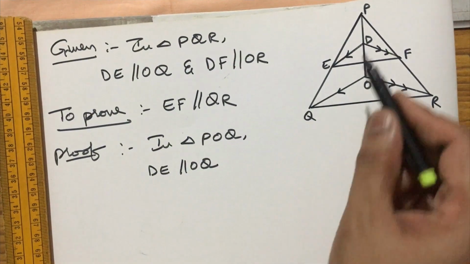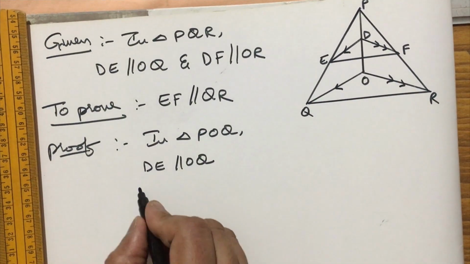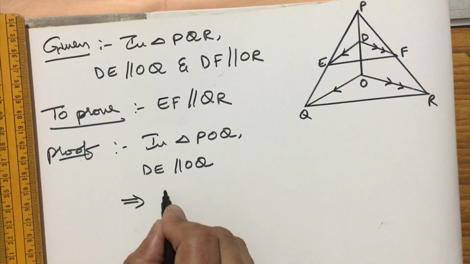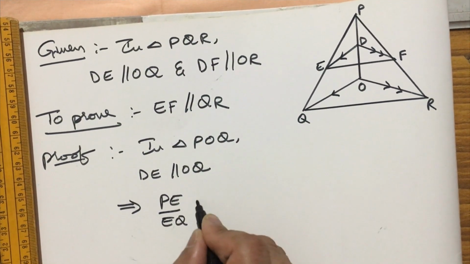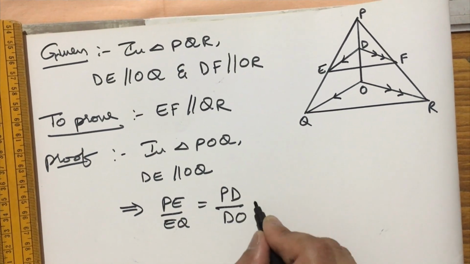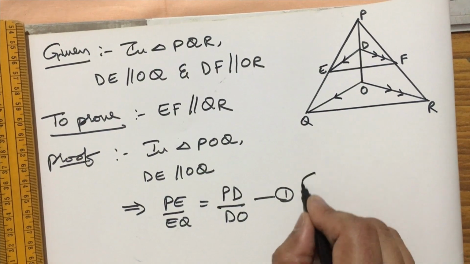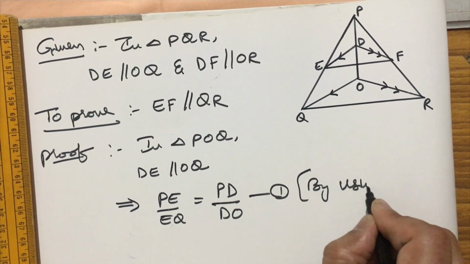It divides the remaining two sides in the same ratio. So you have to take, this implies PE by EQ is equal to PD by DO. Equation 1, you take it and write the reason in the bracket: by using BPT theorem.